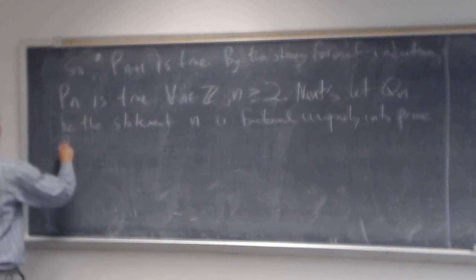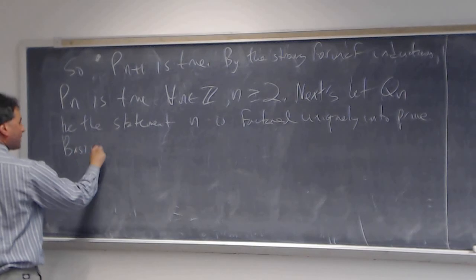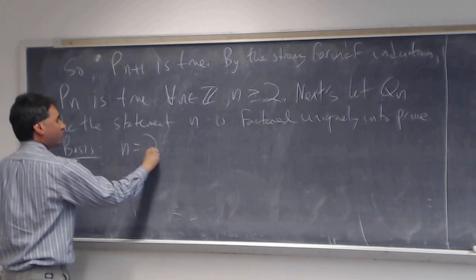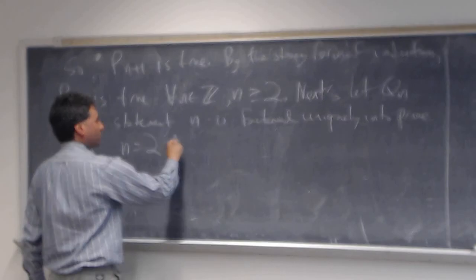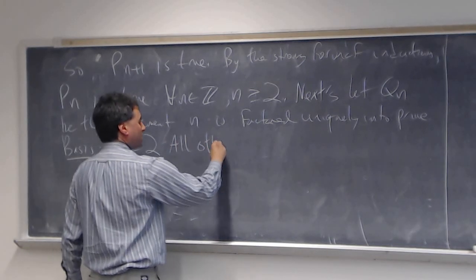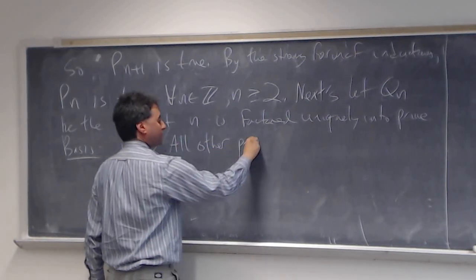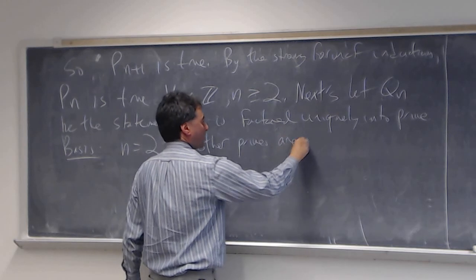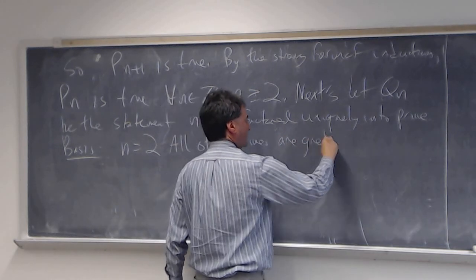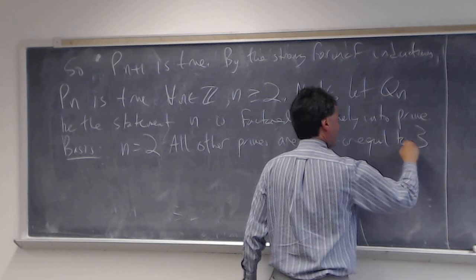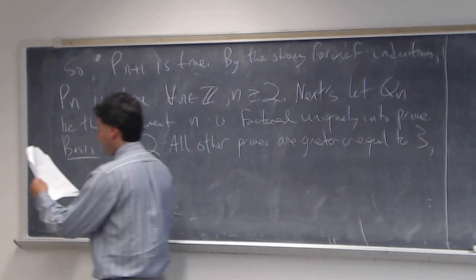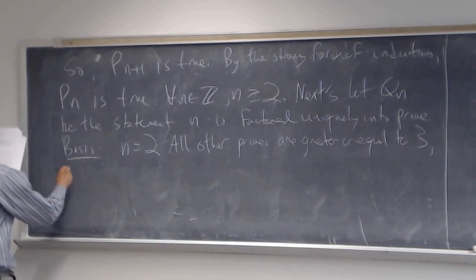So what's the basis case? n equals 2. All other primes are greater than or equal to 3, so clearly they cannot be factors of 2.